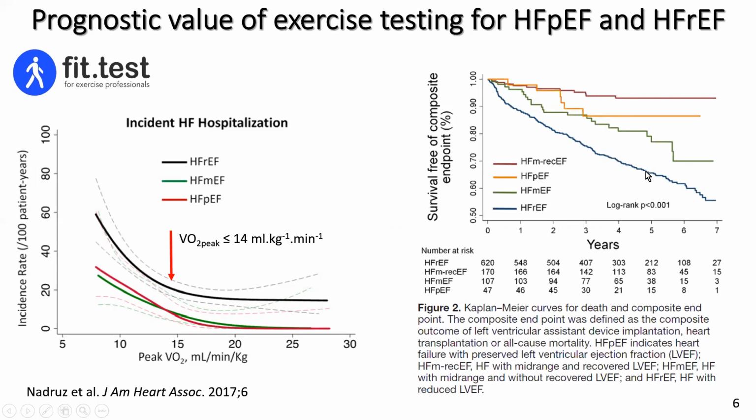And the four graphs are, starting from the bottom, heart failure with reduced ejection fraction, mid-range ejection fraction, preserved ejection fraction. And these ones at the top are mid-range ejection fraction who actually got a cure or somewhat of a cure and were able to return the ejection fraction back to near normal. And these had even better survival curves. But I'll have more to say about this slide in a future video.